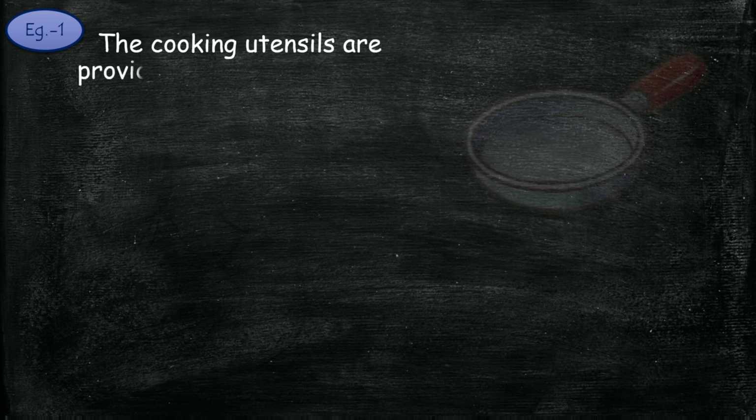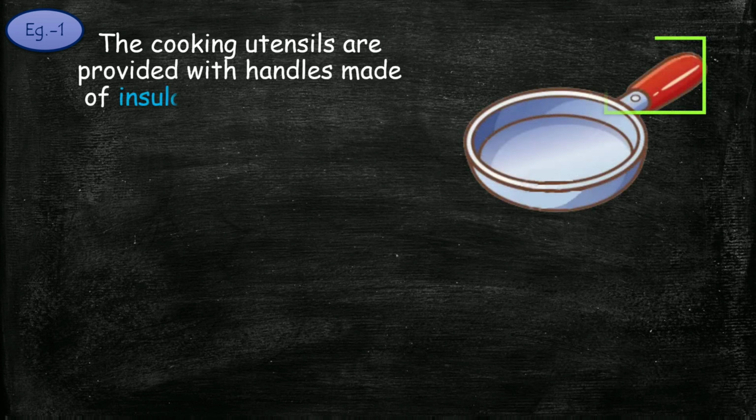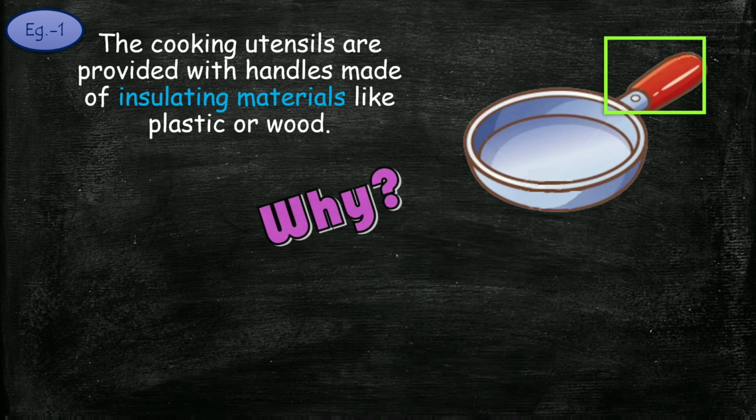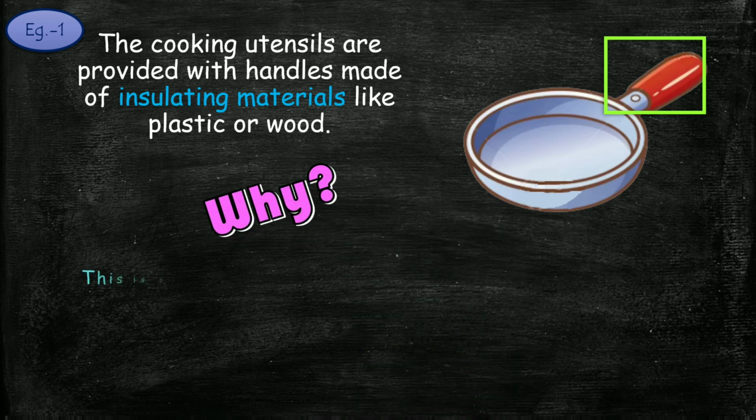Both conductors and insulators have a wide variety of practical applications in our daily life. Let us see some of them. The cooking utensils are provided with handles made up of insulating materials like plastic or wood. Why is this so?